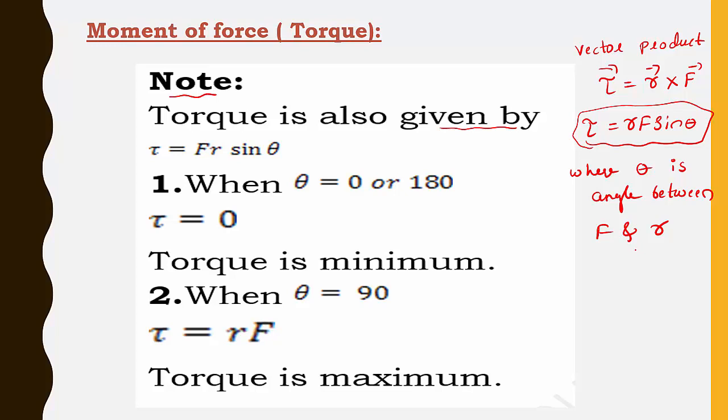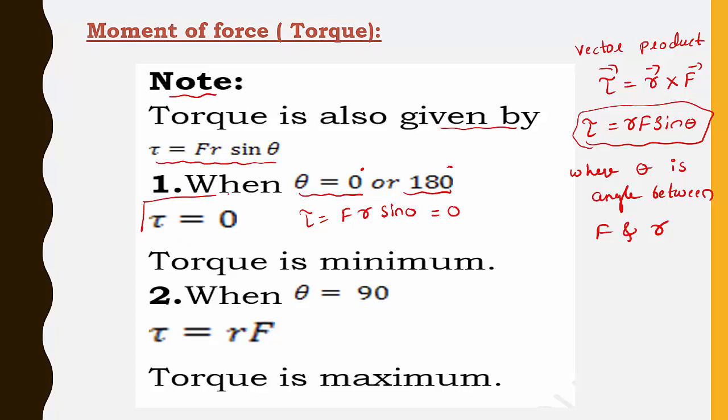So when is the torque said to be maximum and minimum? You can observe the first point. Torque is also given by tau equal to Fr sin theta. Suppose I consider angle 0 or 180 degree. When theta is 0 or 180 degree, substitute: tau equal to Fr sin 0. Sin 0 is 0, and 0 into anything will be 0.